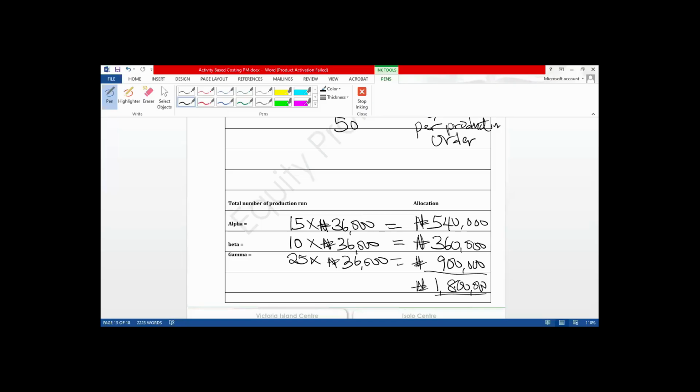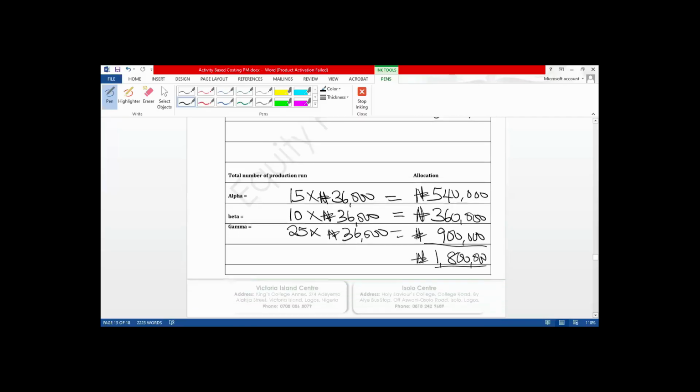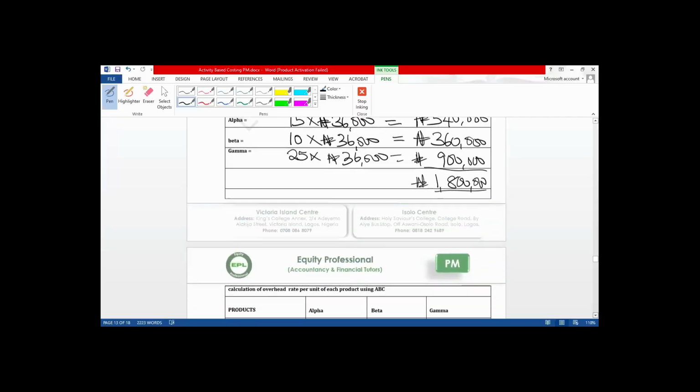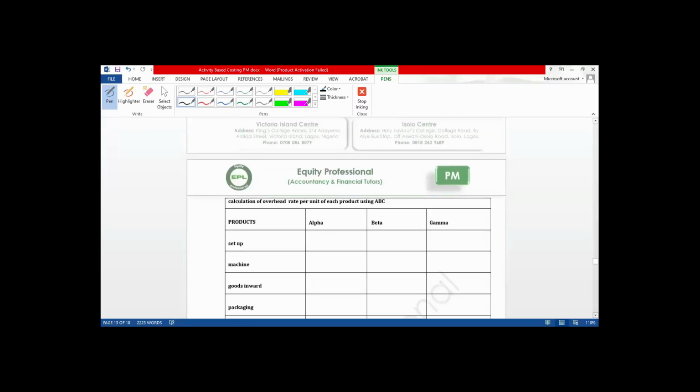You have been able to allocate the overhead to each product. Next, let us now go and collate the allocation. Look at it: calculation of overhead rate per unit of each product.